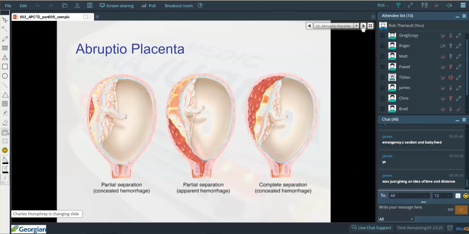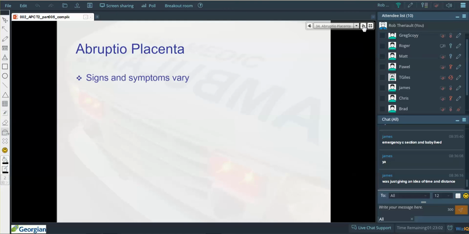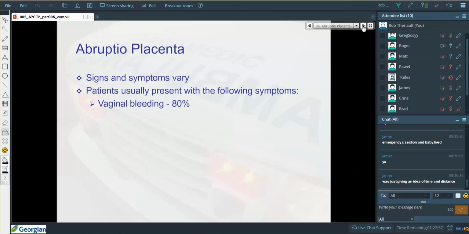There may be abruptio placenta with occult bleeding or concealed hemorrhage, as we see here in this image, a partial with obvious hemorrhage, and then there may be complete with severe hemorrhage as well, and there'd be severe abdominal pain with that as well. So signs and symptoms will vary, but vaginal bleeding occurs in about 80% of abruptio placentas. Abdominal or back pain and uterine tenderness about 70% of the time.